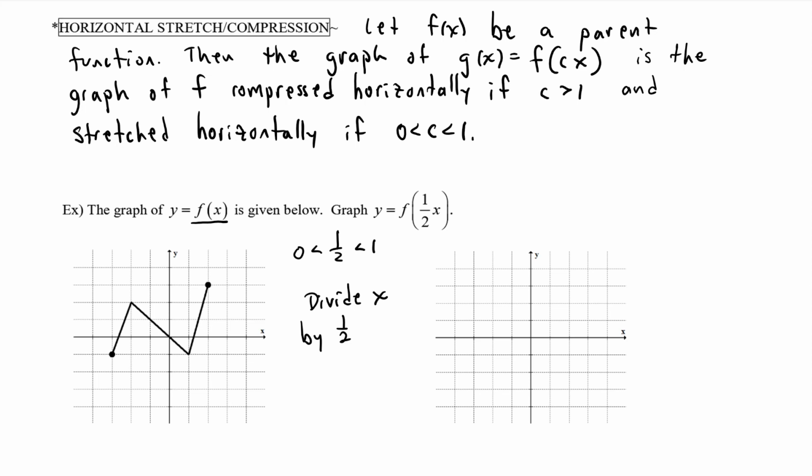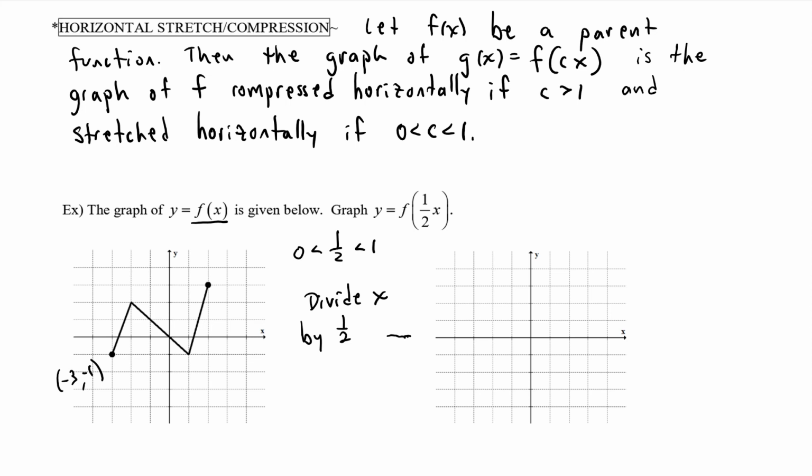So let's see what happens here. We're going to go 1, 2, 3 to the left, down 1. So this is -3, -1. And if I divide the x values by 1/2, which is multiplication by 2, that would end up at -6, -1.